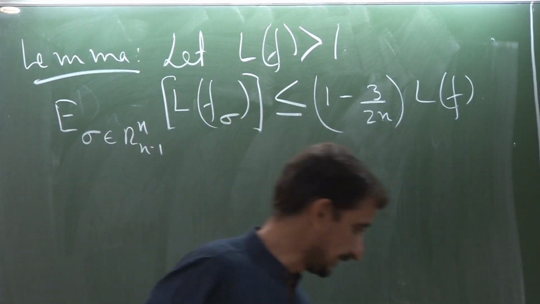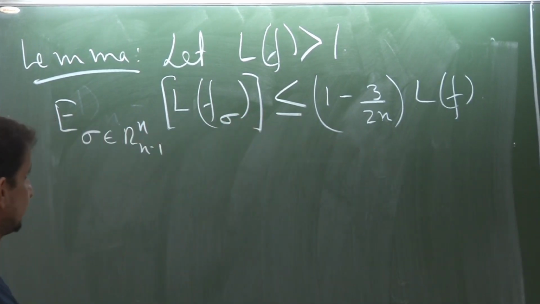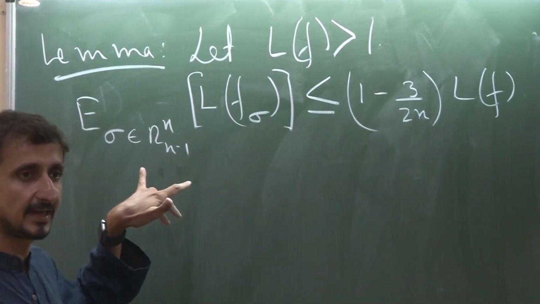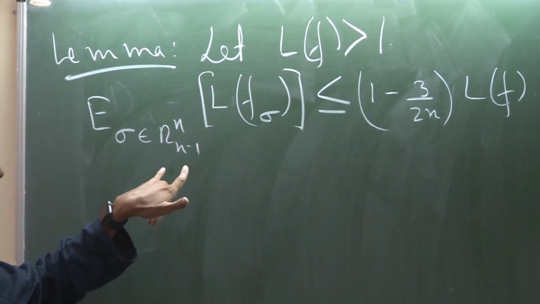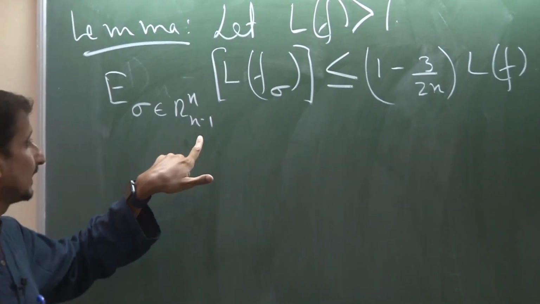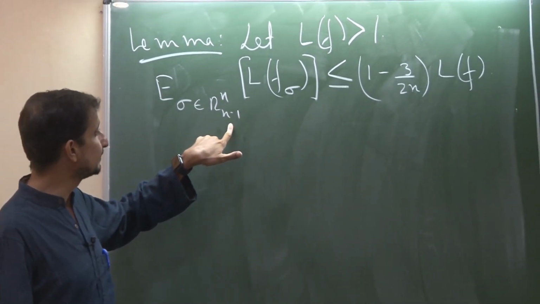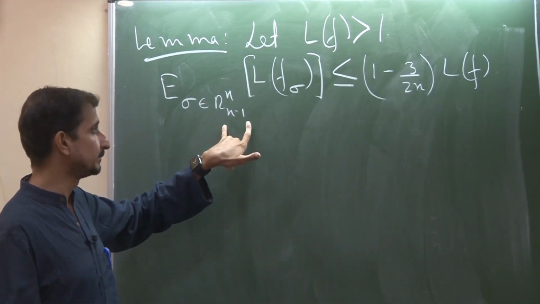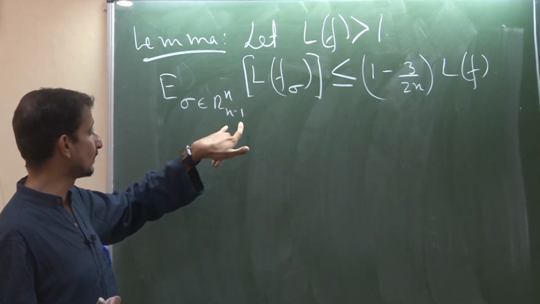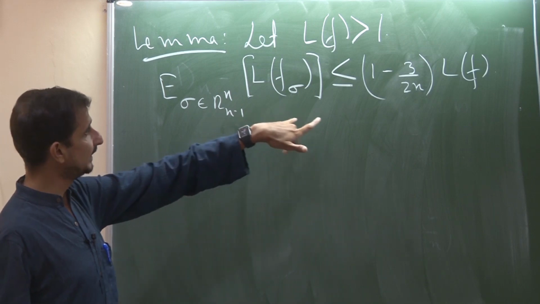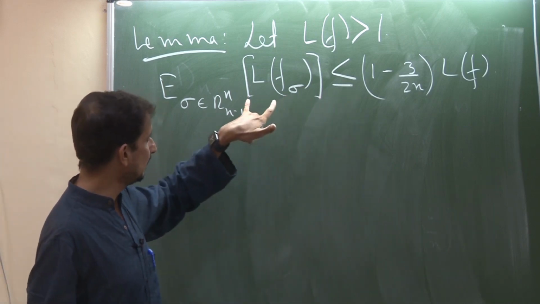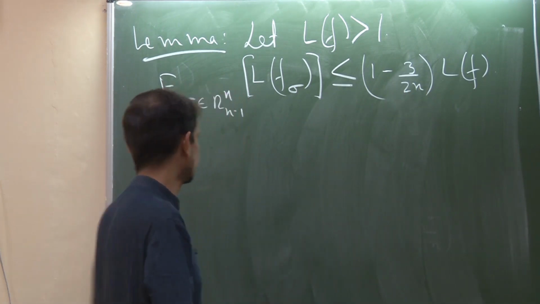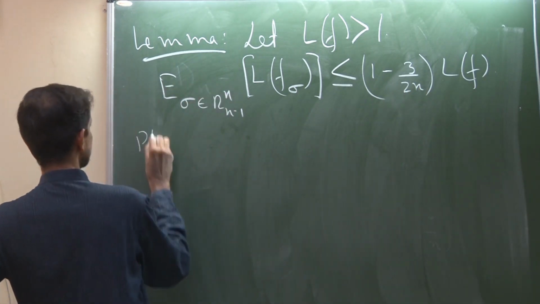Okay. Let us try to prove this result. What this is saying is that if I randomly fix one variable, while all the n minus 1 other variables remain unassigned, then the resulting formula size would be upper bounded by this quantity. Okay. So, how do we prove this?